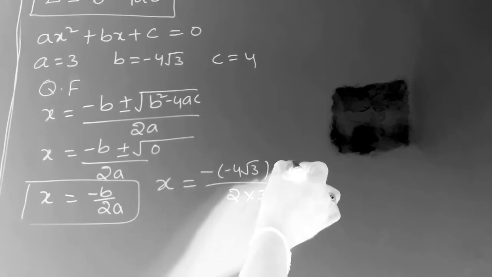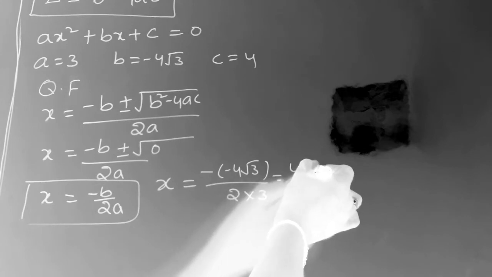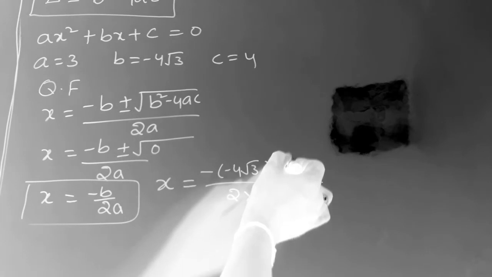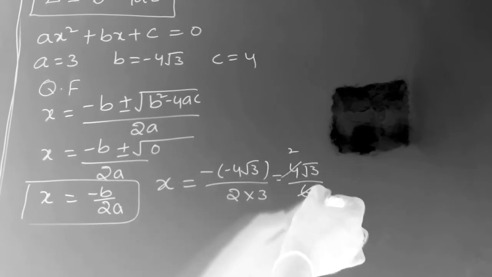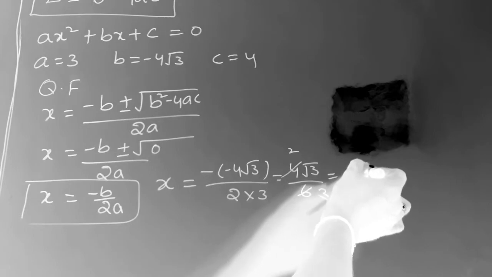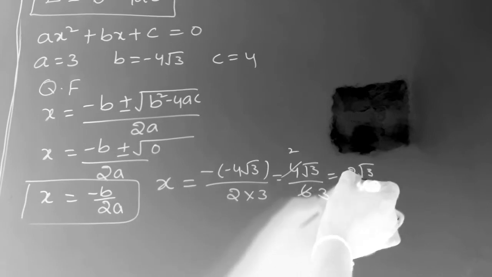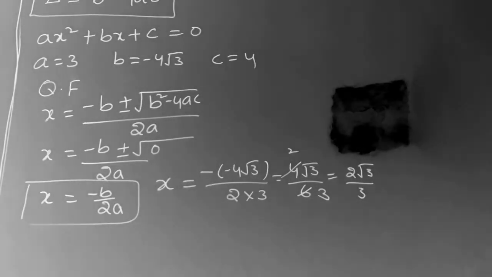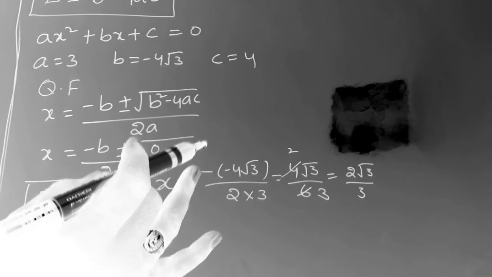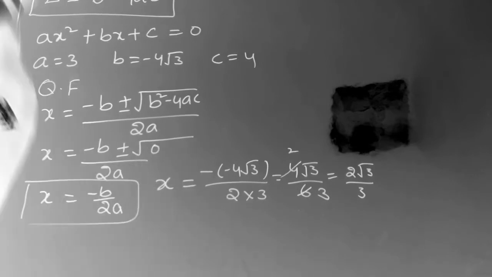Minus into minus is plus 4 root 3 by 6. Cancellation, 2 2s are, 2 3s are. So you will get 2 times root 3 by 3. So this is the final answer. Therefore the two equal roots are nothing but 2 times root 3 by 3.